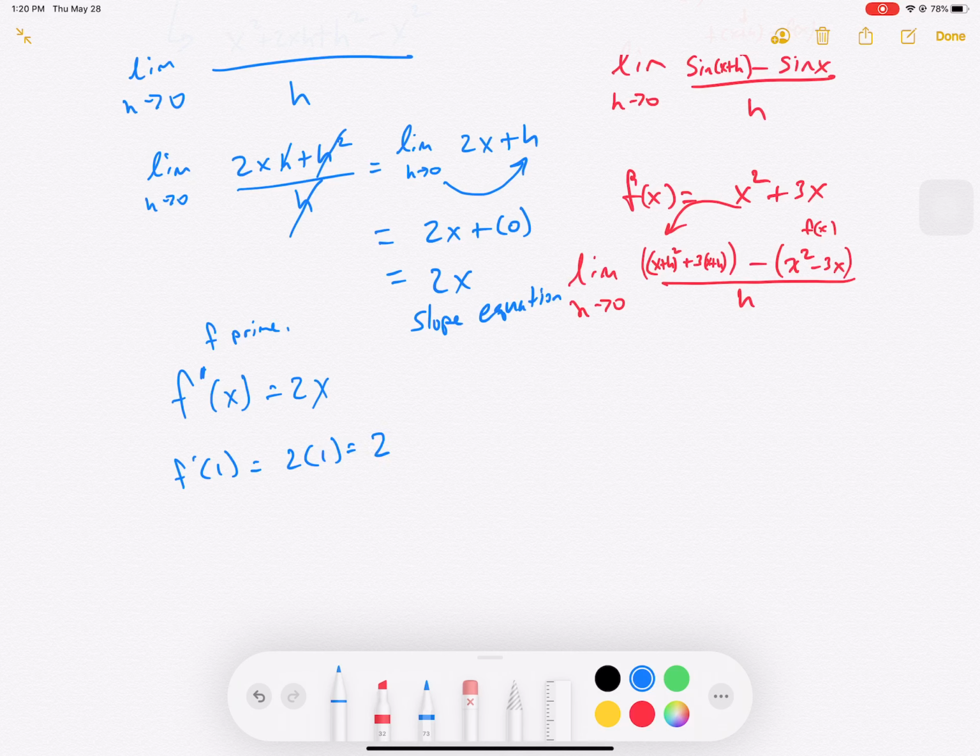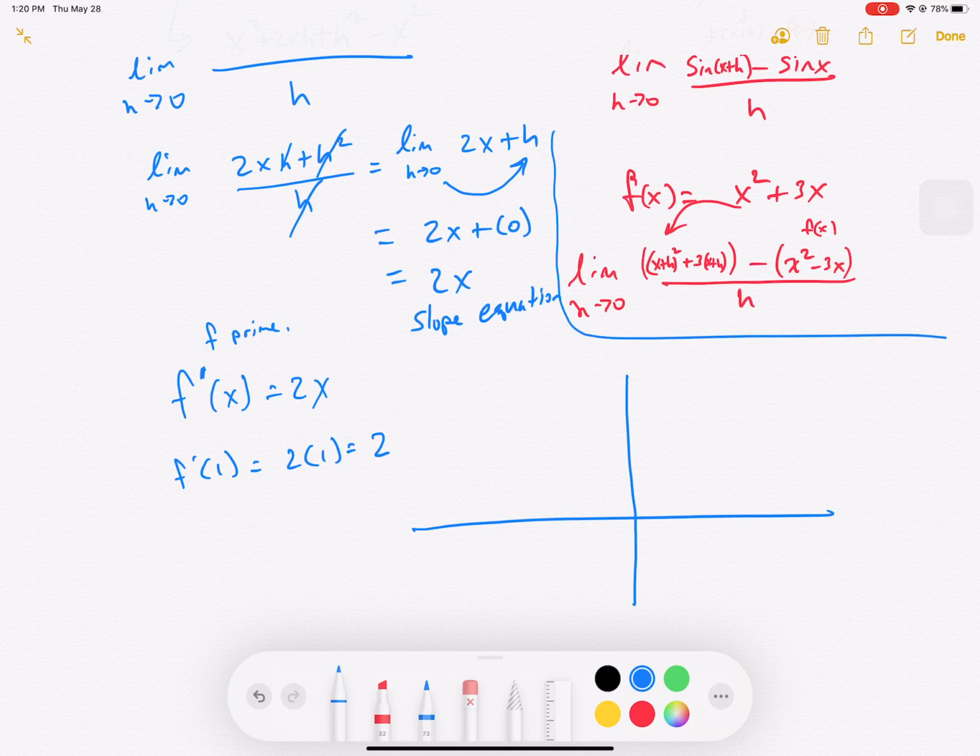Now, I want to make sure you see that this totally works. If I draw the parabola again, if I ask you to find out what the slope at 1 is, we said it's going to be 2.